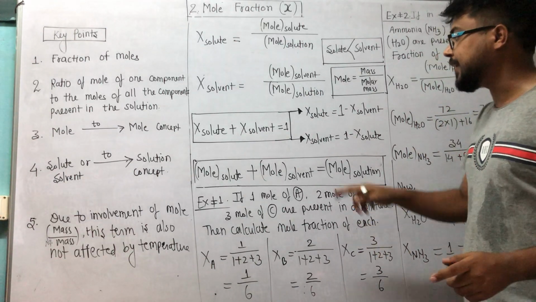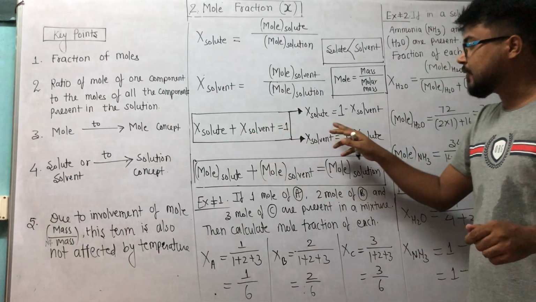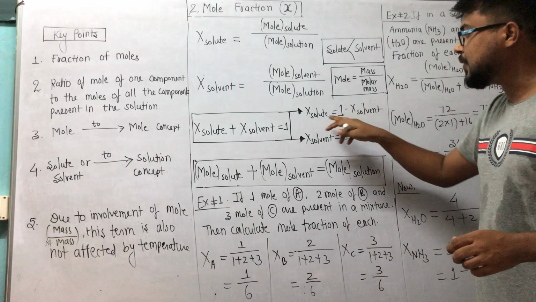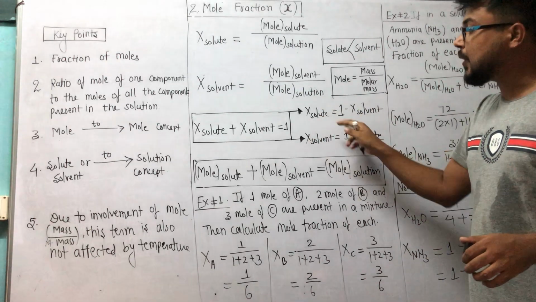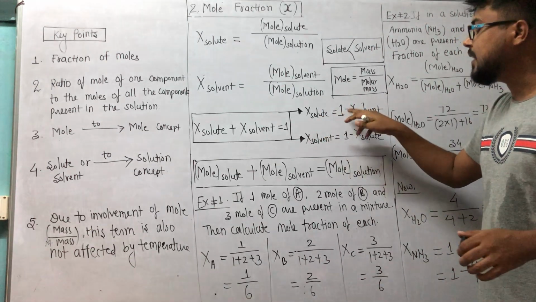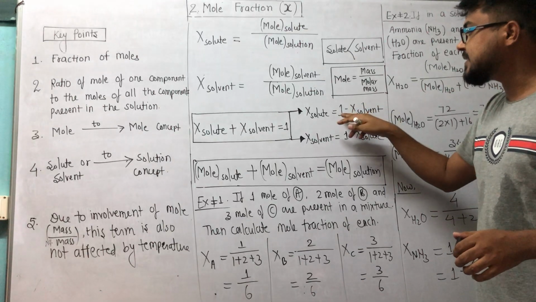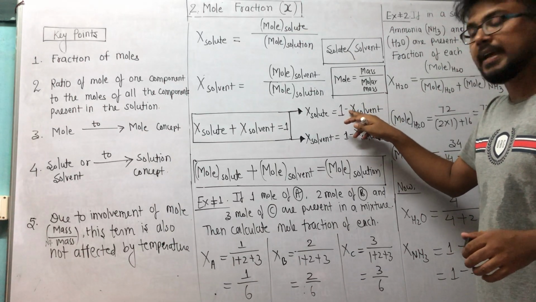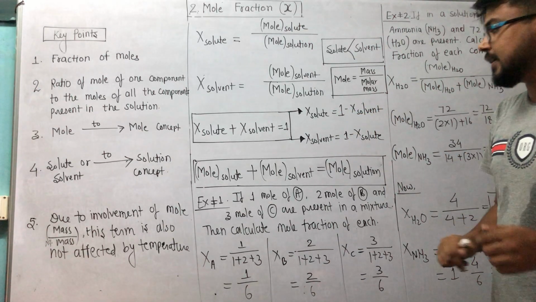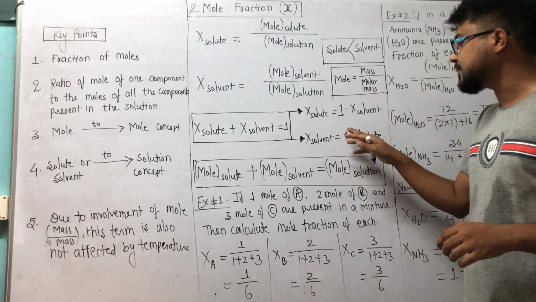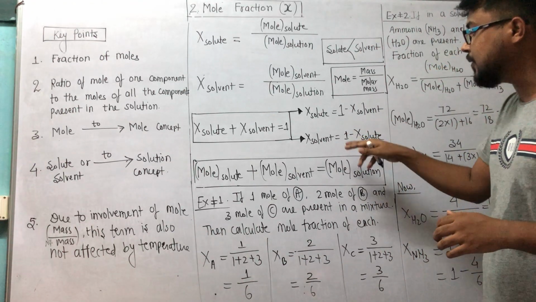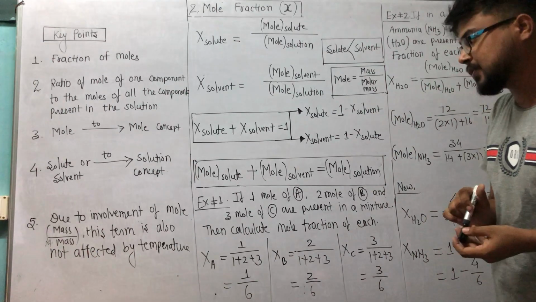If there are two components, suppose I already calculated the mole fraction of solvent, then for the mole fraction of solute I will simply do 1 minus X solvent, or for X solvent I will do 1 minus X solute.